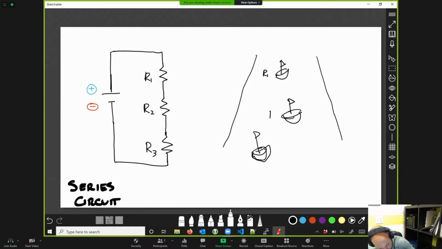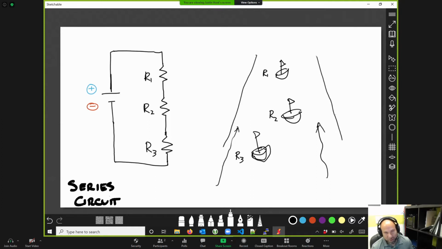Call these boats R1, R2, and R3. And the river has a current, right? There's a volume of water that's flowing in one direction. It doesn't matter which boat you're in. You can be in boat R1 or R3 or R2.